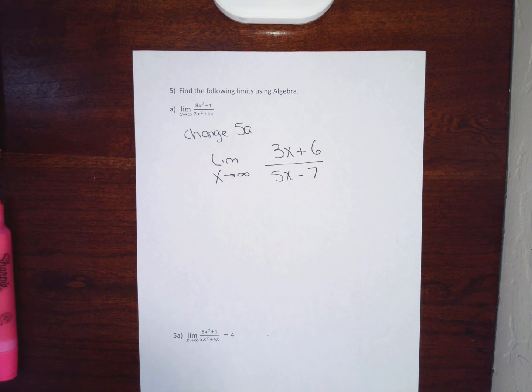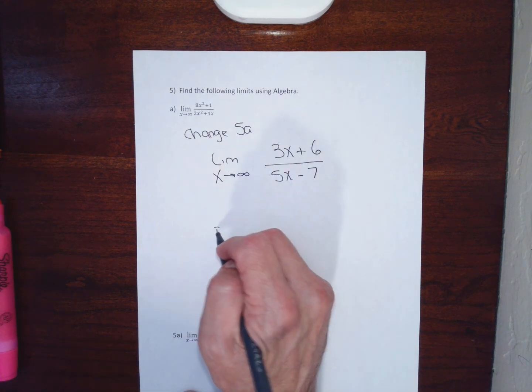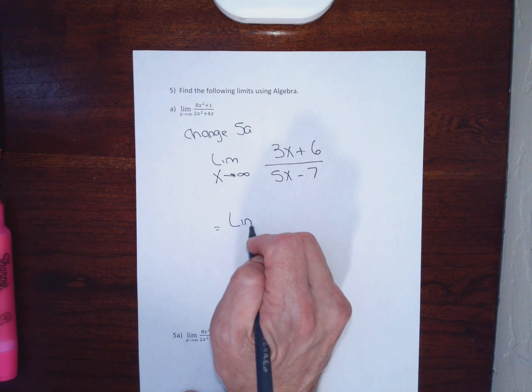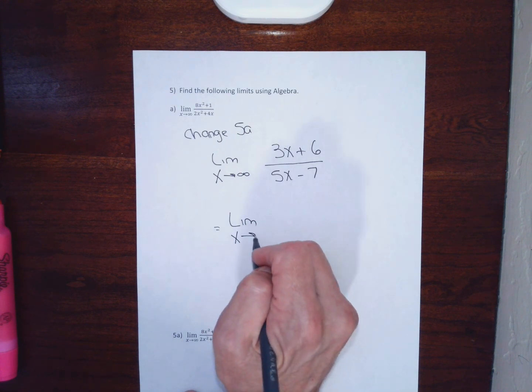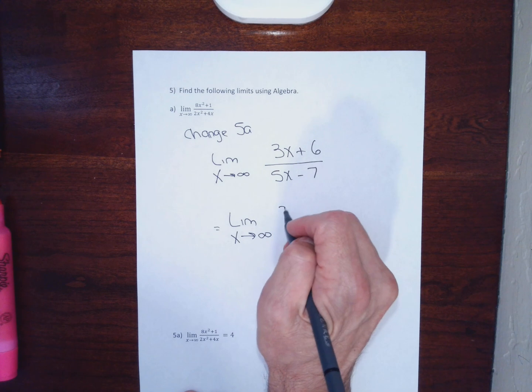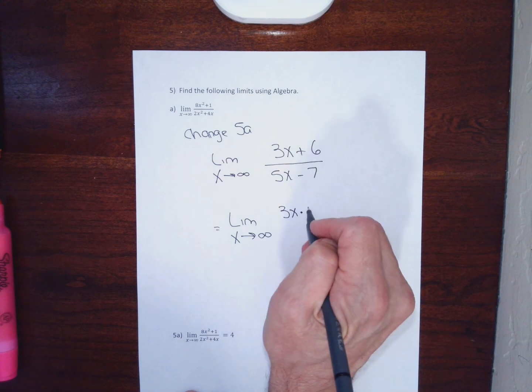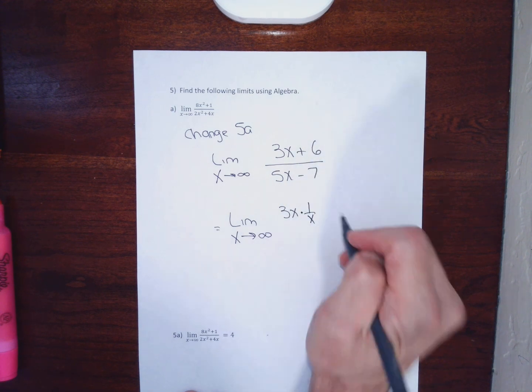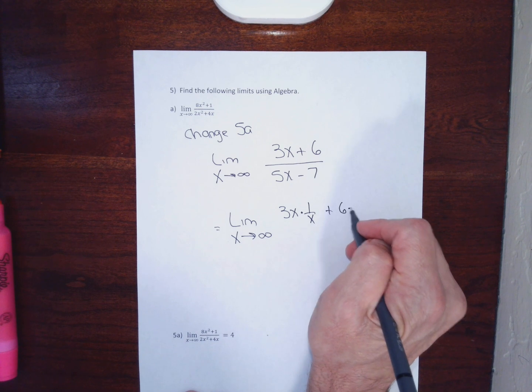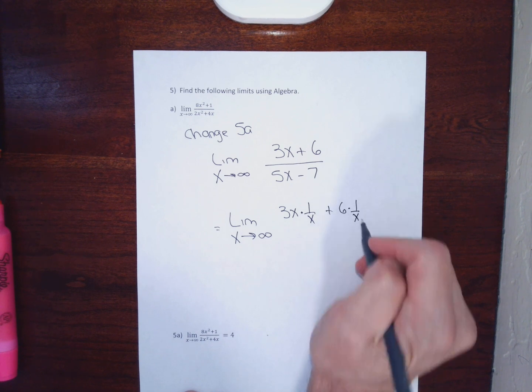And the difference between this problem 5 and the problem 4 is the limits at infinity. To find a limit at infinity for a fraction, you look for the highest power of x, in this case it's just x to the first power, and I multiply every single component of the problem by 1 over that highest power of x. So I'm going to multiply 3 over x times 1 over x. I'm going to multiply 6 times 1 over x.